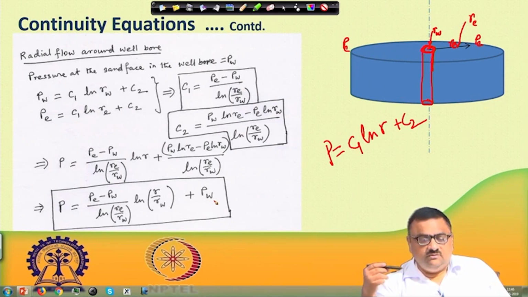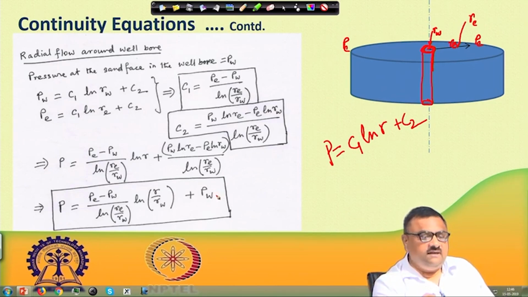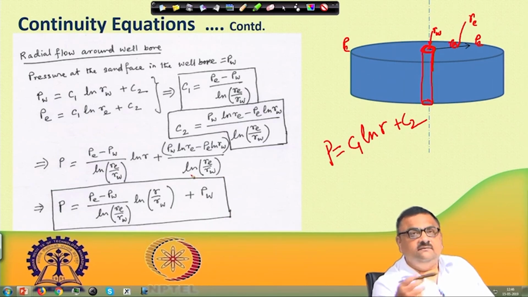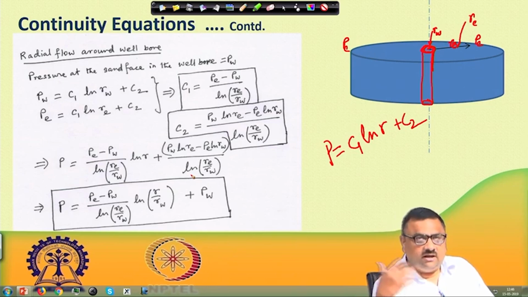Just remember that this is the final expression we arrived at, the master equation, and when we applied the boundaries, we arrived at this equation. We will work with this further in our next lecture to arrive at the velocity at different points, and we will plot how pressure changes with radius and how velocity changes with radius. The first step was our continuity.